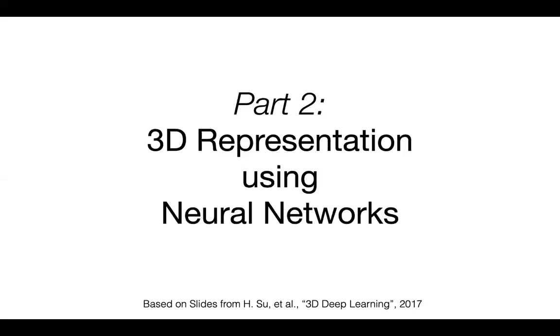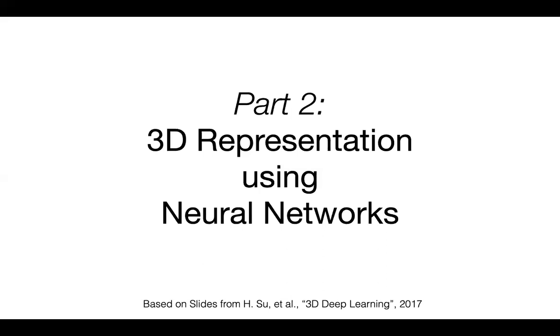So in this second part of the lecture, as I told you in the beginning, we are going to give an overview of AI graphics. And the main point is how do you use 3D representations with neural networks?